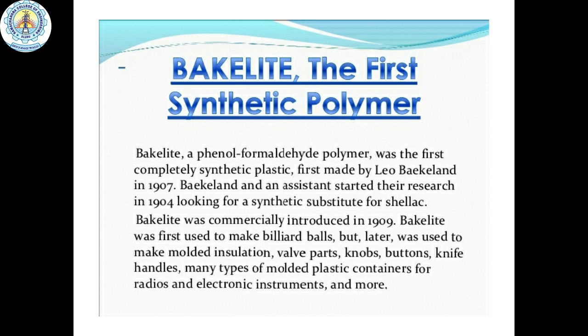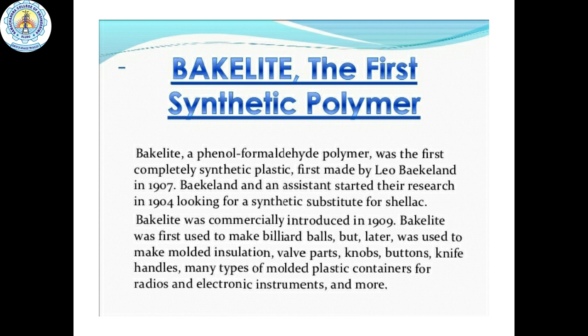Coming to the next individual polymer and the first synthetic polymer, that is bakelite. Bakelite, a phenol formaldehyde polymer, was the first completely synthesized plastic, and it was made by Leo Baekeland in 1907. Baekeland and his assistant started their research in 1904 looking for a synthetic substitute.